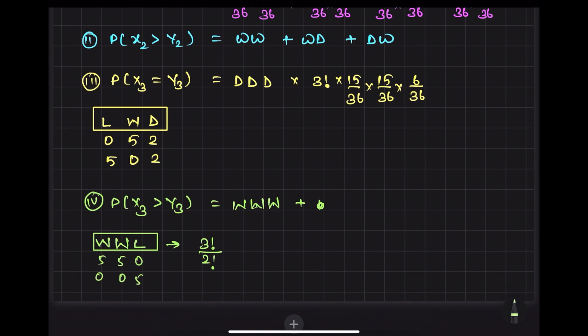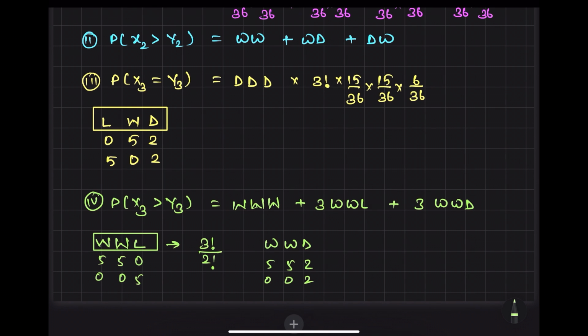So can I write 3 times win, win, lose? Also win, win, draw. So 5-0, 5-0, 2-2. Okay, so it is 3 times, again same cases, win, win, draw.